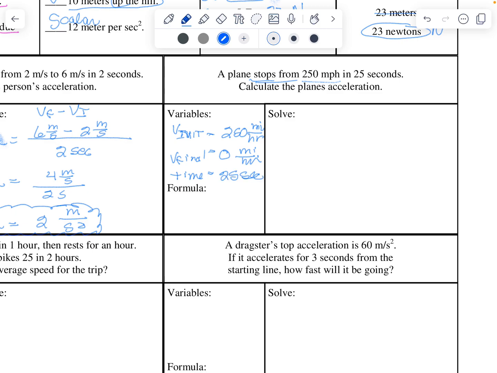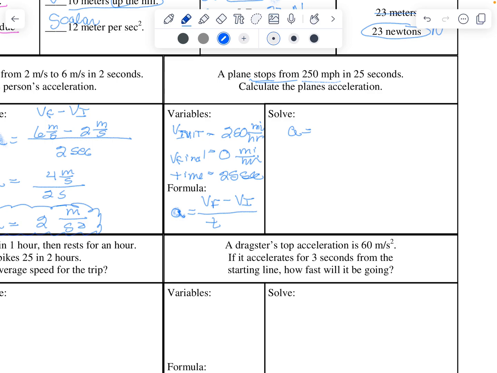This is a really weird problem. This is actually a little bit harder than I would normally give you. Acceleration will equal our VF minus VI divided by T. In this case, since it's slowing down, remember this will be a negative number.